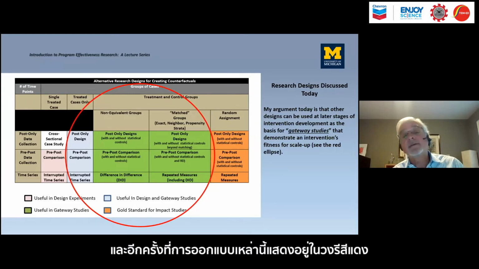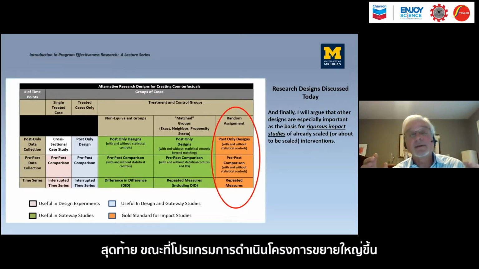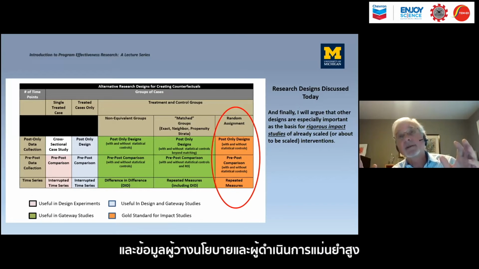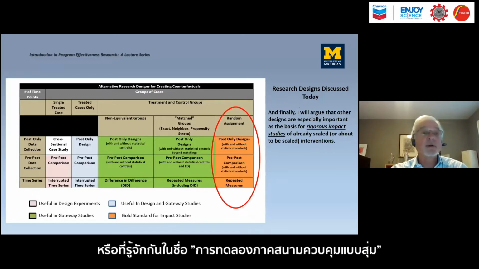And again, these designs are denoted in the red ellipse. And finally, as the intervention is scaling up and policymakers and practitioners wish information that is highly rigorous, I will discuss designs for random assignment, or what are known as randomized controlled field trials.